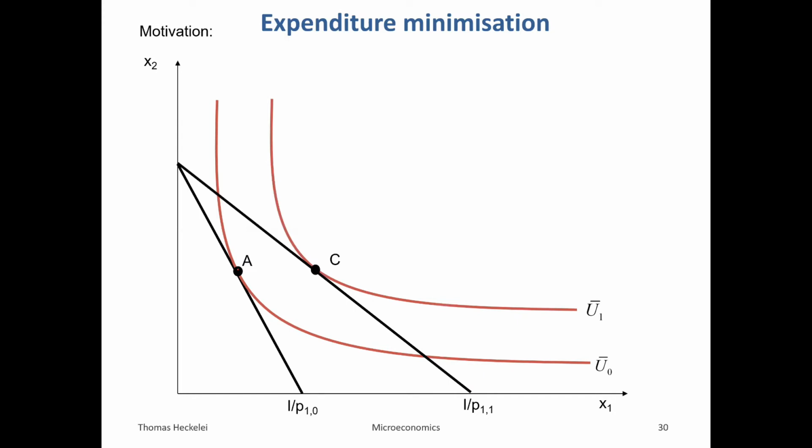As a consequence, the maximizing point will move to C, where the new budget line is tangent to another indifference curve with a higher utility level, intuitively because a price decrease means something better for us as consumers, right?